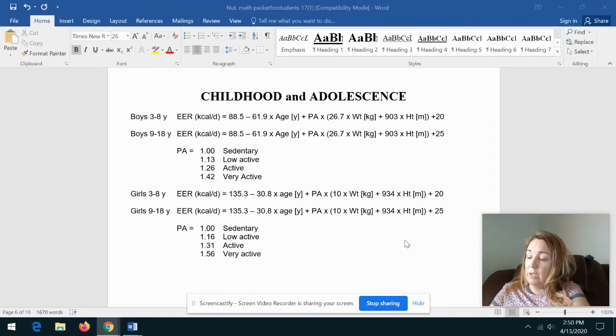And then the next part would be 10 times her weight in kilograms, and her weight is 35 kilograms. And the next part would be her height times 934. So her height in meters is 1.37. Okay. And then you'll see that all important plus 25 at the end.